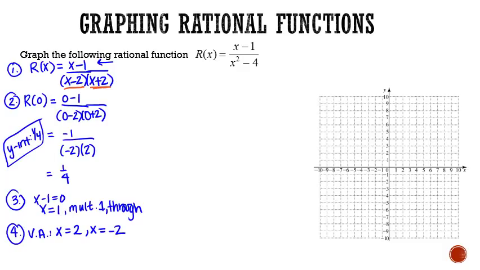We can also see that for both of these, the factors were to the first power, which means that they had odd multiplicities. So given that each of these have odd multiplicities, they're going to be going towards opposite infinities, both of them, on either side of the asymptotes.